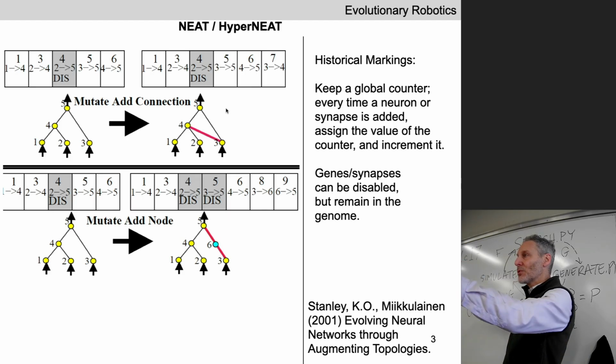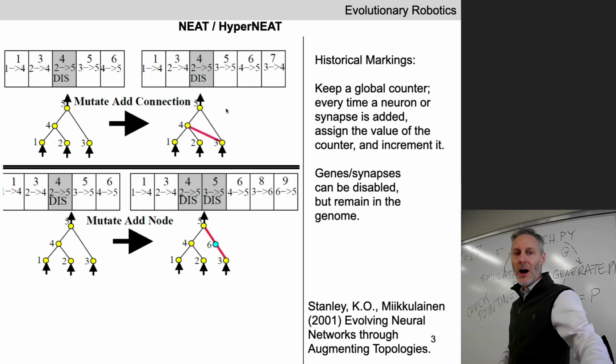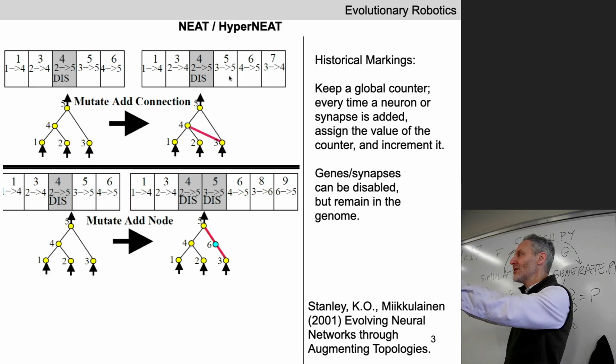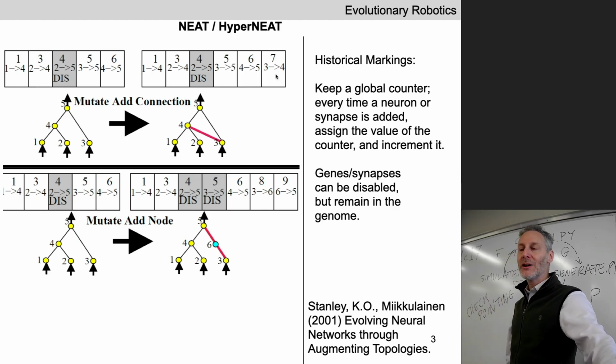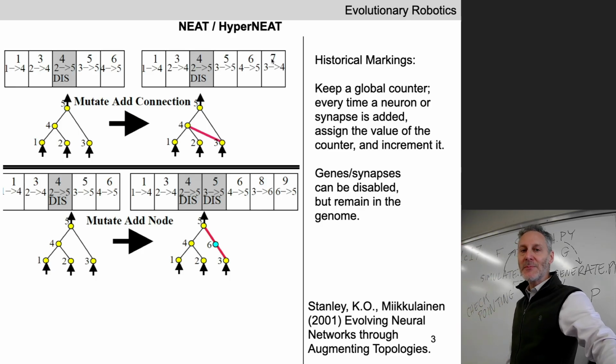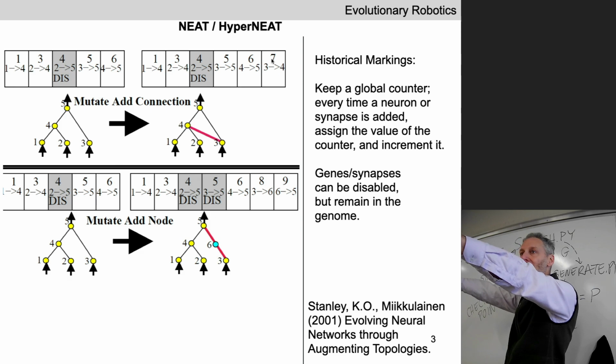During the copying process to create grandchild 1 and grandchild 2, we copy all of the genetic material from this parent into the two grandchildren. So both grandchildren have a synapse that connects 3 to 4. And in both grandchildren, that synapse has an innovation number of 7.